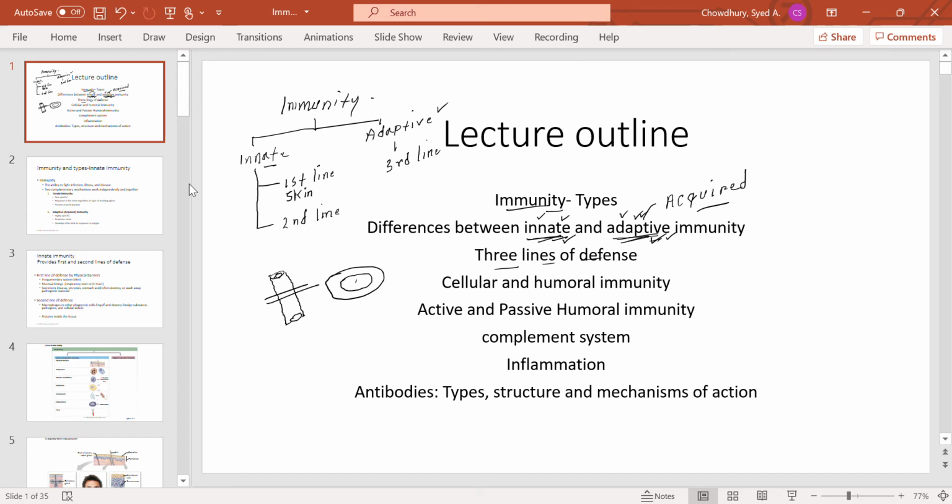So this is the lumen, and here you have the epithelial lining. Same thing you have in your gastrointestinal tract. So respiratory tract and gastrointestinal tract have an inner lining, and mucus is secreted here, you know that. So you have mucus and inner lining, and that would prevent the microorganism or antigen from entering into your body.